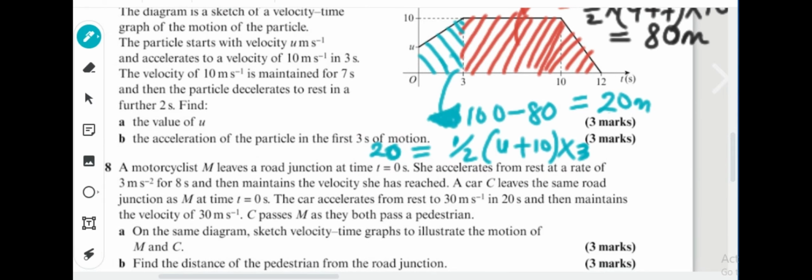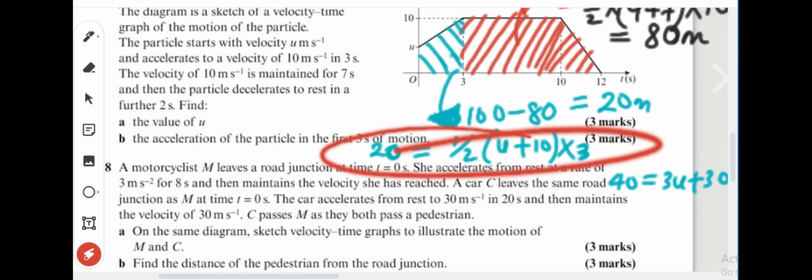This gives us 20 is equal to half times u plus 10 over 2, or let me just multiply both sides by 2, that will give us 40 is equal to 3u plus 30.